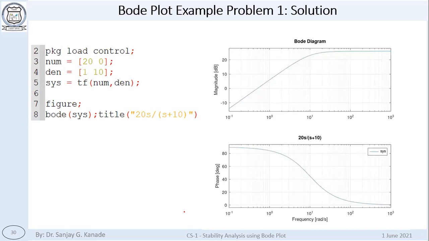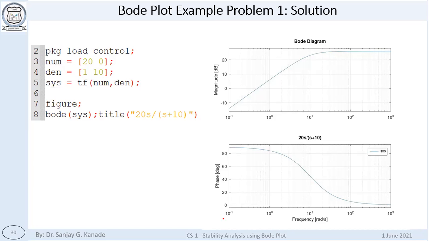So once you draw the Bode plot, we can check whether the plot is correct or not. Let's focus on the case where you are solving a problem, you plotted the Bode plot, and you want to verify it.